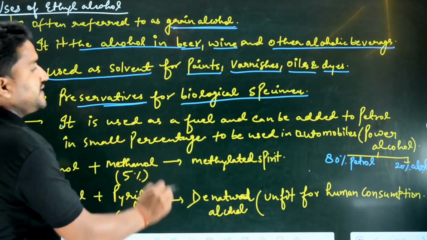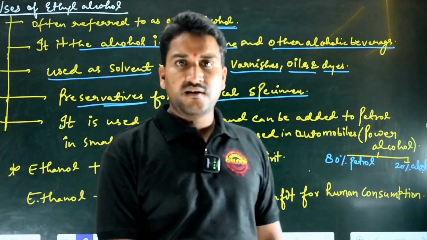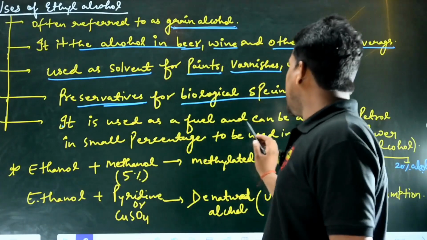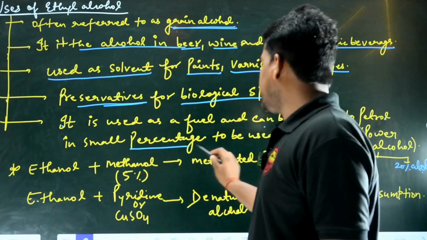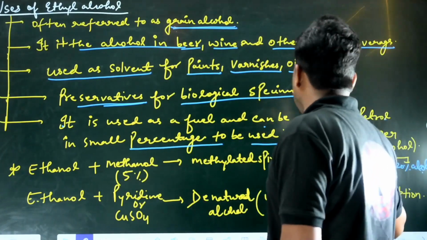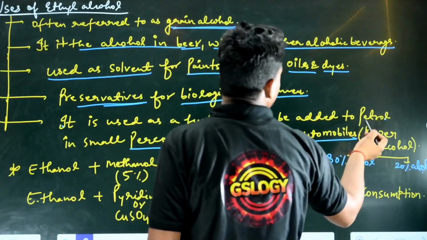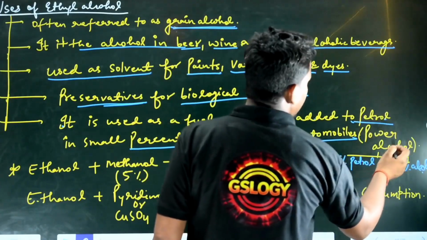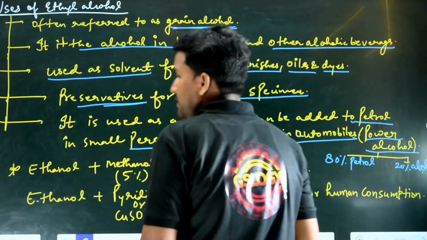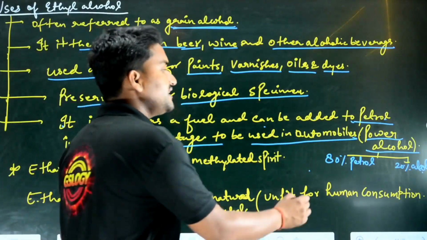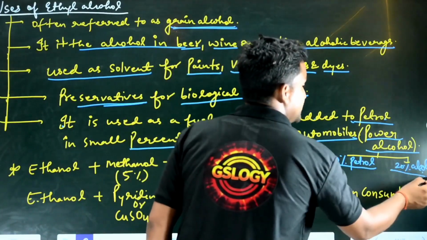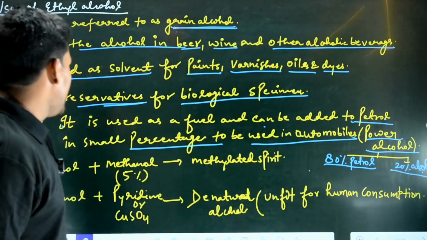It is also used as fuel. It can be added to petrol in a small percentage for use in automobiles. That type of petrol is called power alcohol, which contains 80% petrol and 20% alcohol.